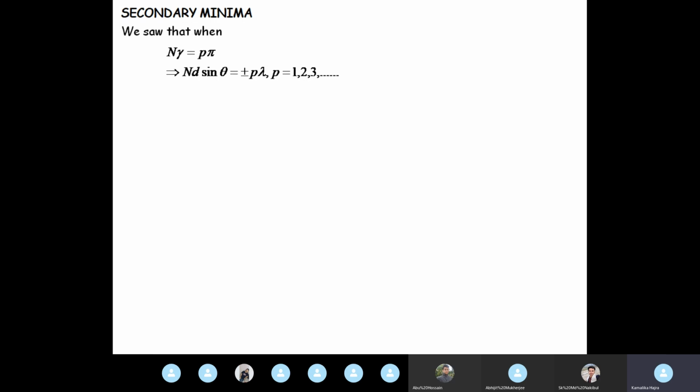You must be noticing over here that I have carefully avoided 0, and I will carefully avoid some more values of p, and you'll get to see why I am avoiding those values of p. This gives sine N gamma equal to 0, which means I equals 0. So these are the positions where the intensity will be 0 and we will get dark lines.